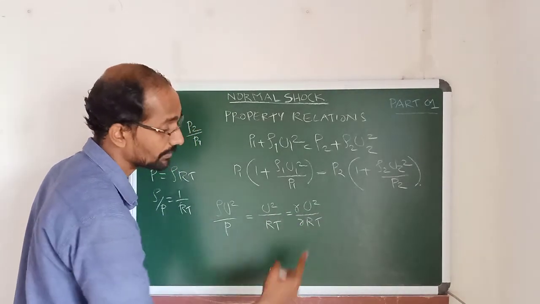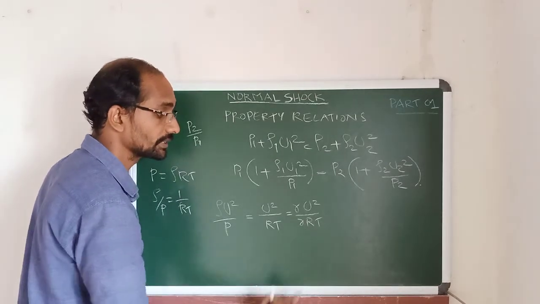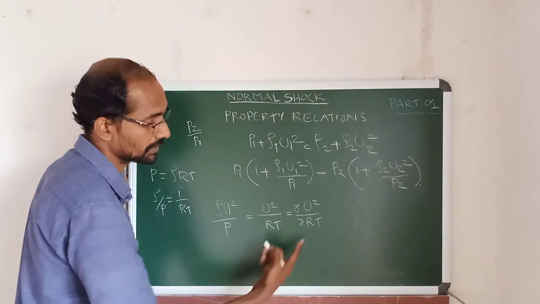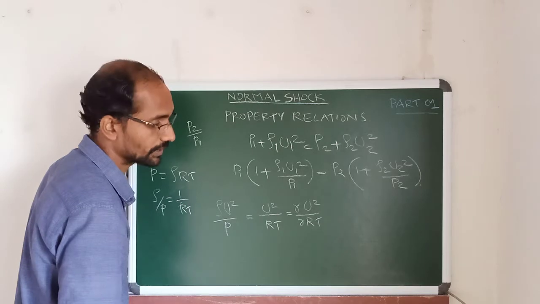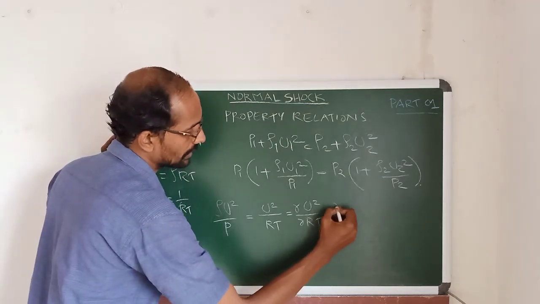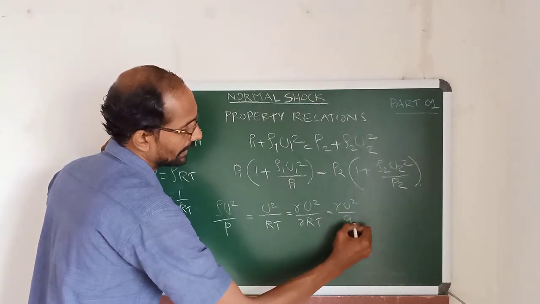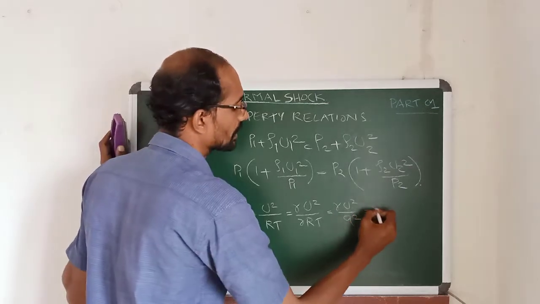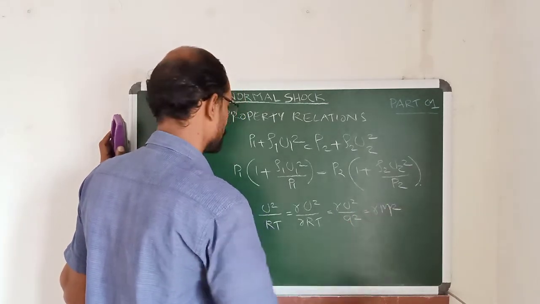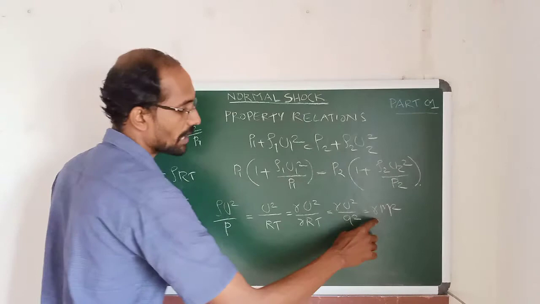So what is gamma RT? Gamma RT is the square of the velocity of sound. That means it's equal to gamma u square by a square, so this is equal to gamma M square. So this quantity is gamma M square.